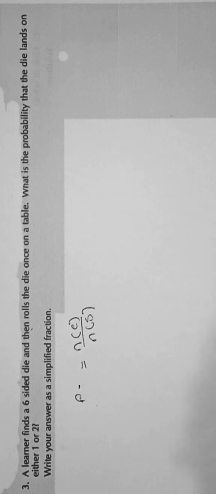So there are 2 events that happen. A learner finds a six-sided die and rolls the die once on a table. What is the probability that the die lands on one or two?